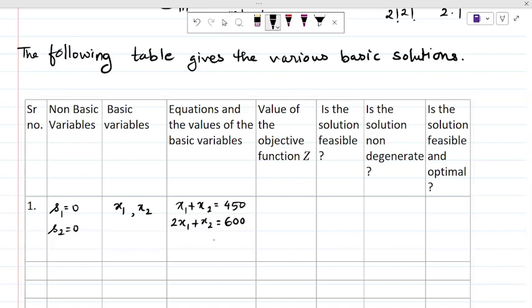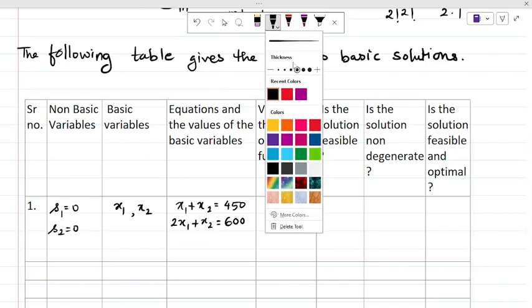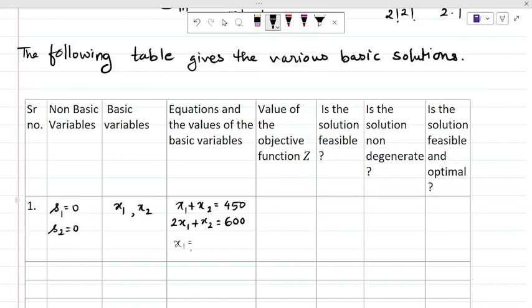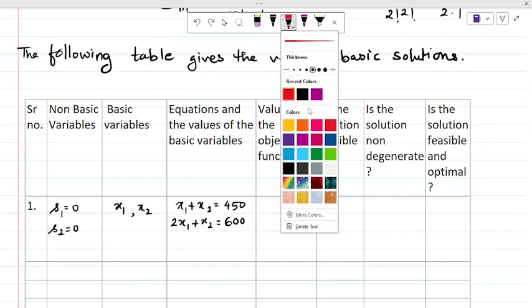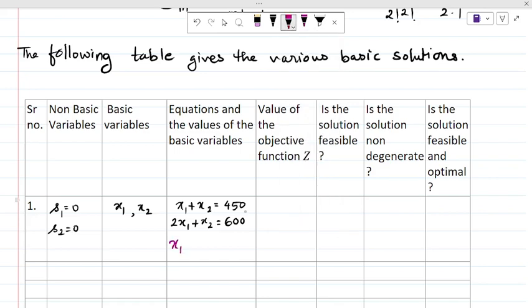On solving it, I'll use a different color pen, maybe purple, we get x1 equal to 150 and x2 equal to 300.